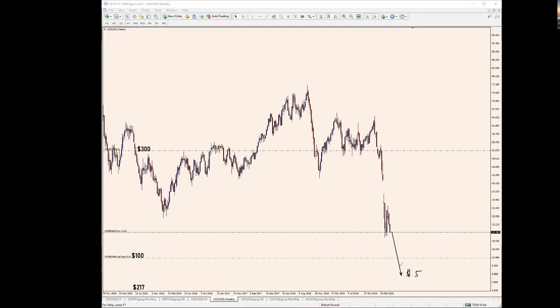Guys, take note on this. You have bought 0.01 over here. Price drops all the way to $5, and this sell stop will hedge your position. What you can do at this level is top up another $100.